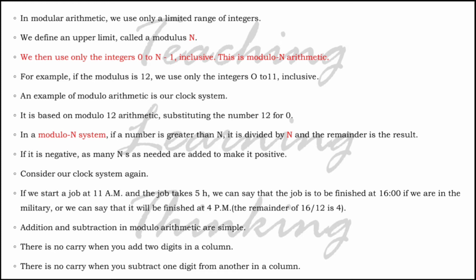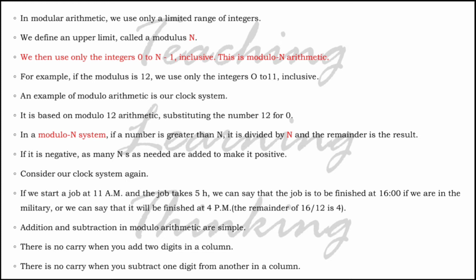In a modulo n system, if a number is greater than n, it is divided by n and the remainder is the result. If it is negative, as many n's as needed are added to make it positive.